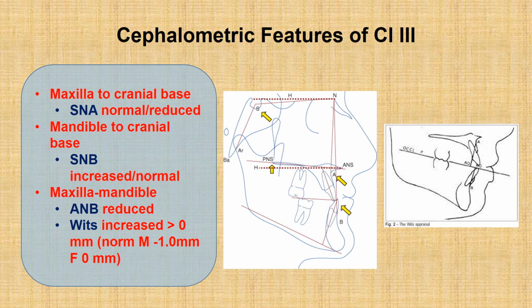Now this is the Wits measurement, whereby a perpendicular is dropped from the A point to the occlusal plane. Similarly, a perpendicular is dropped from the B point to the occlusal plane, and then the distance between these two, the AO and BO, is measured.